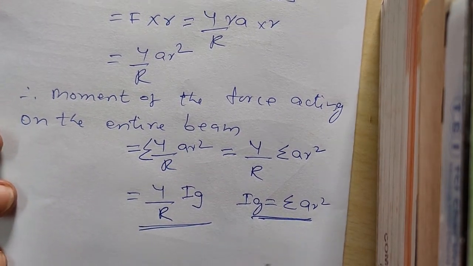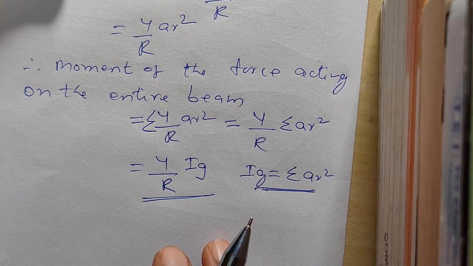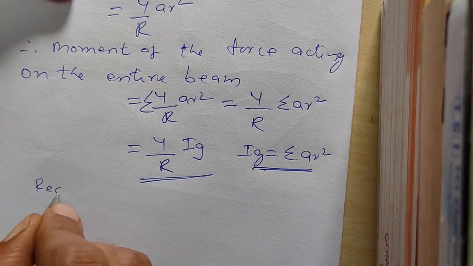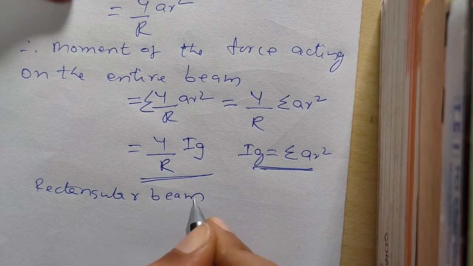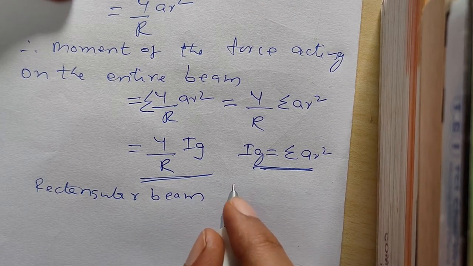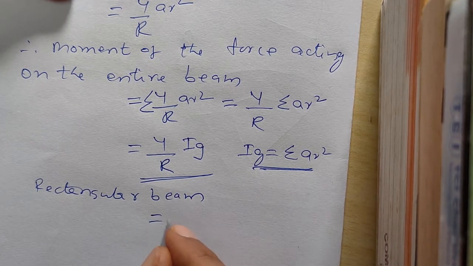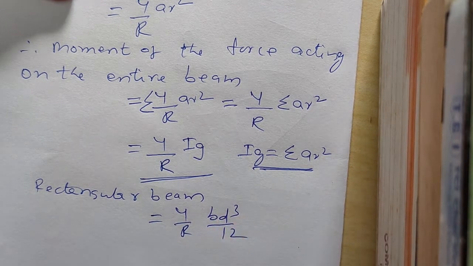The value of Ig is different for various types of beams. For a rectangular beam, it is b d cube divided by 12, so the moment of the force is equal to Y by R into b d cube divided by 12.